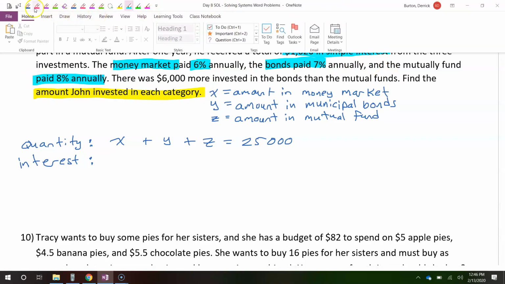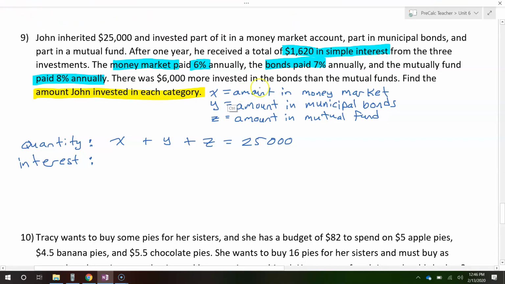Remembering that when we do 6%, we're going to multiply by what decimal is the same thing as 6%? Right, 0.06. So the amount of interest we'll get from the first account will be 6% of the amount. So 0.06x, that'll be the interest from the first account.